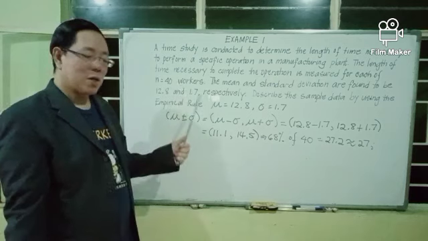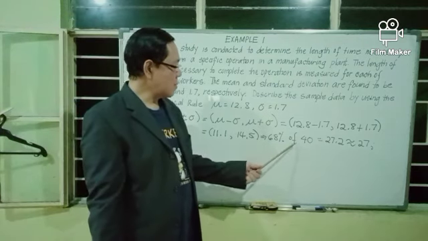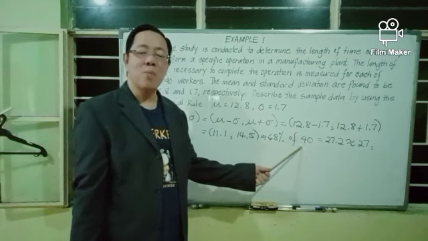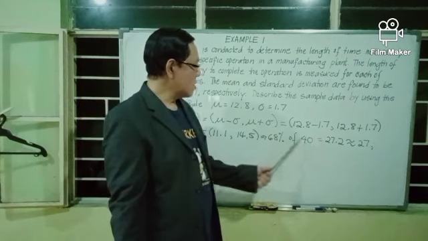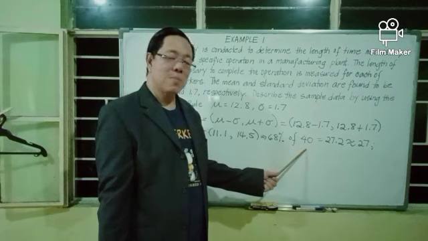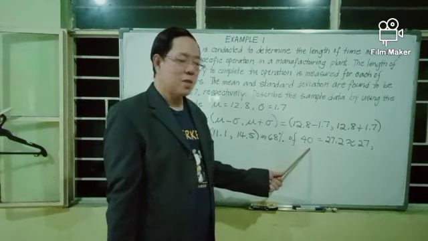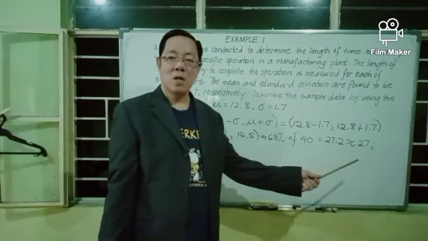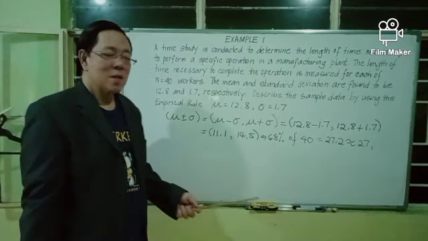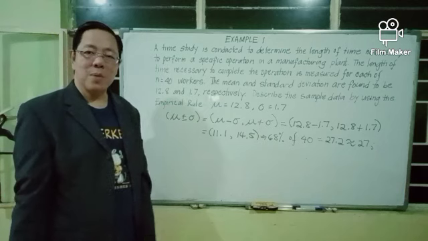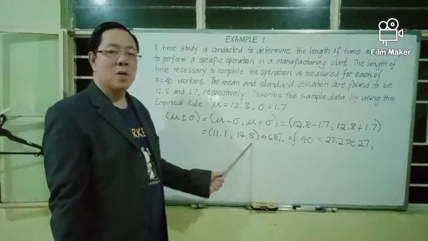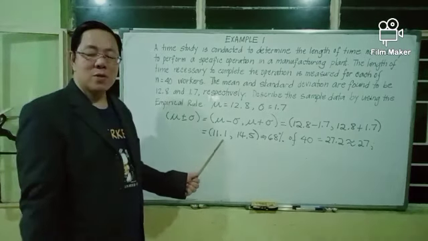Out of these 40 workers, 68% of the completion times, that is 68% of 40, is 0.68 multiplied by 40 equals 27.2, or 27 of the workers have completion times in performing this specific operation between 11.1 and 14.5. We do not know the unit of time.